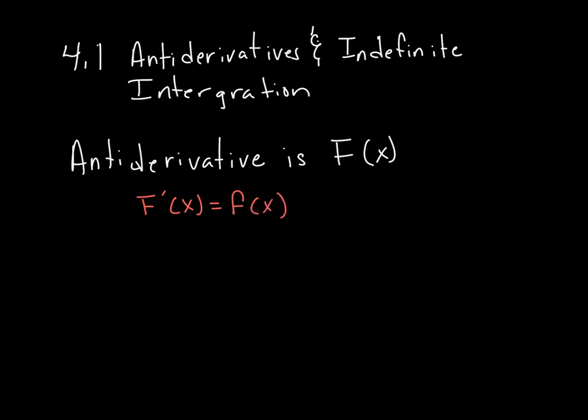Now, we are going to write this as the integral, and this S is my integral symbol, of f of x dx is equal to capital F of x plus c. So what does all of this mean?